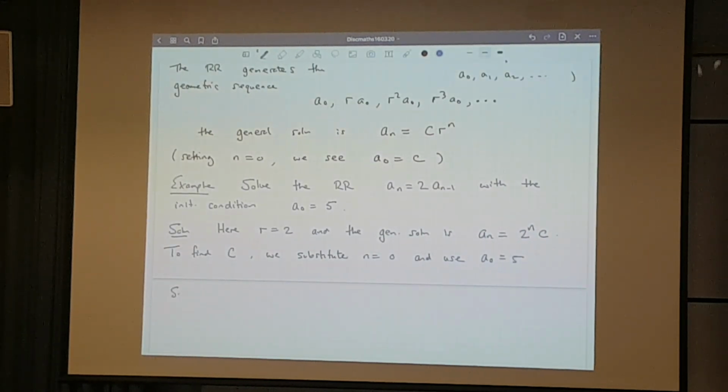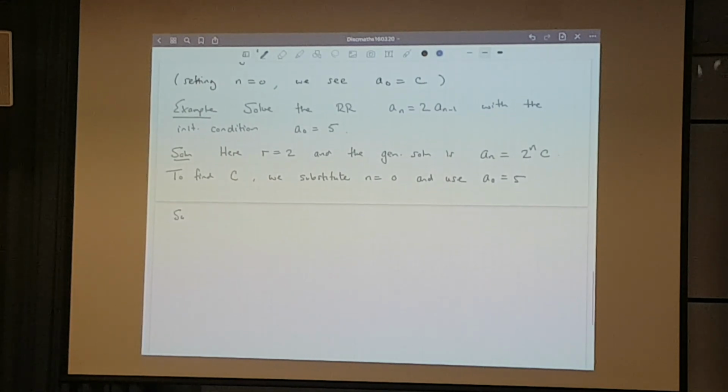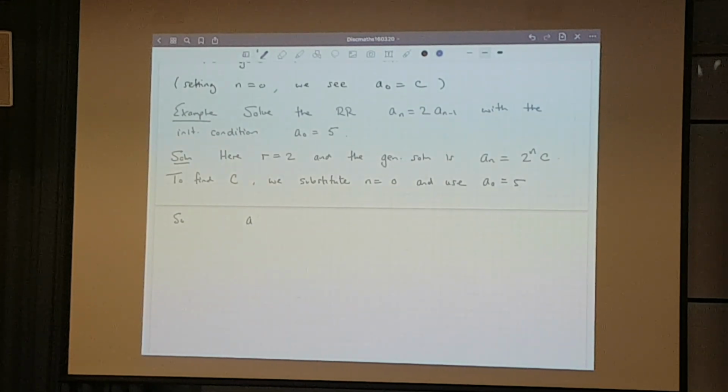So a_0 is equal to 5, and that's equal to 2 to the 0 times C. So C is 5, and a_n is therefore 5 times 2 to the n.